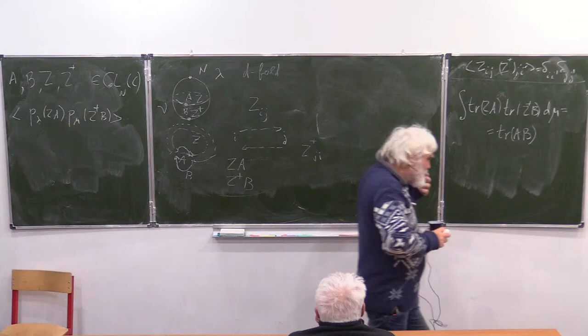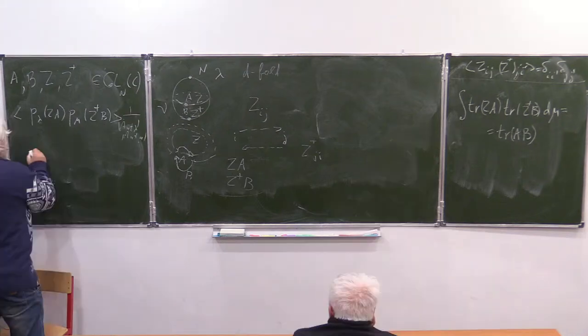And Wick theorem gives the number of gluings. And if we divide by these automorphisms of lambda, we get exactly the Hurwitz number. Sorry, we have the following formula.